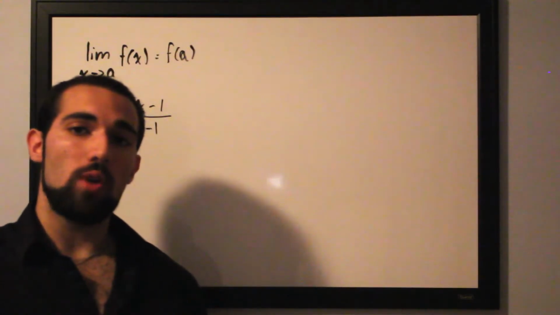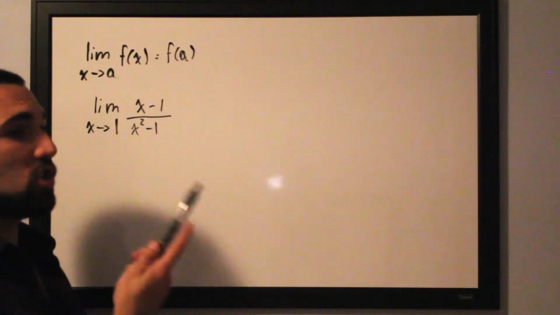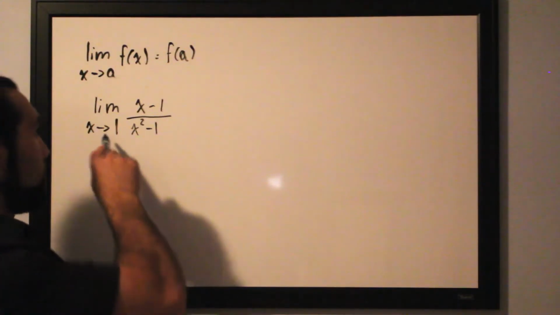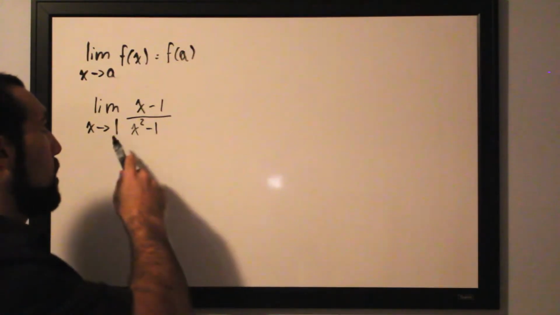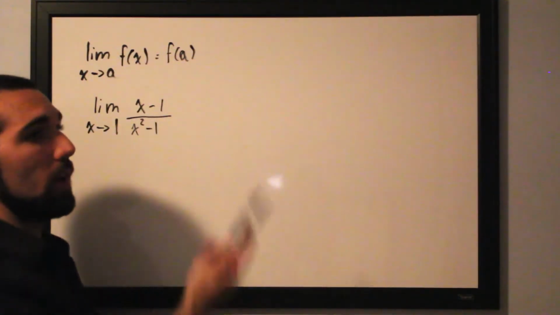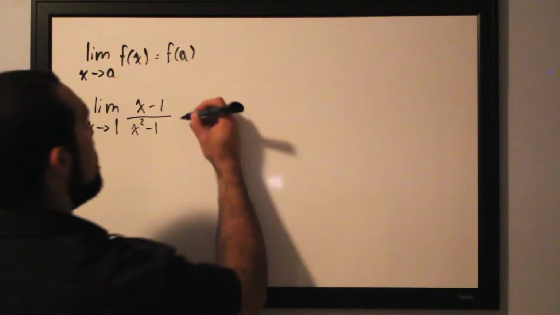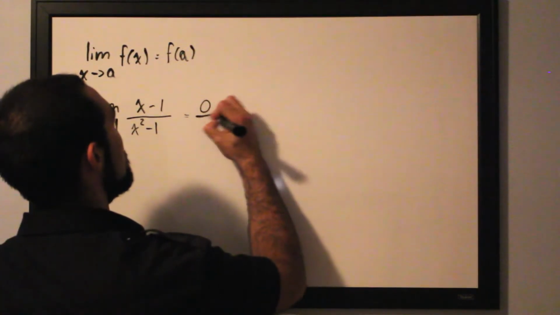Now we can't use the same strategy that I discussed earlier, where we plug in the value, because essentially what happens is we're going to have an output of 0 over 0. We plug in 1 over here, we get 1 minus 1, which is equal to 0, and 1 squared minus 1, which is also equal to 0. That is called an indeterminate form, equal to 0 over 0.